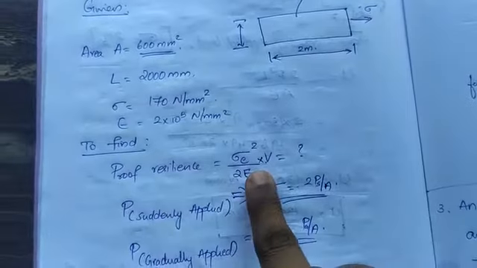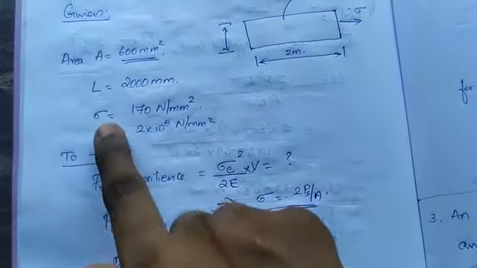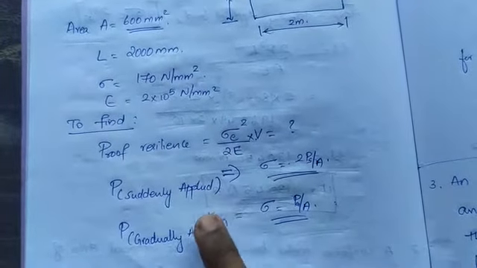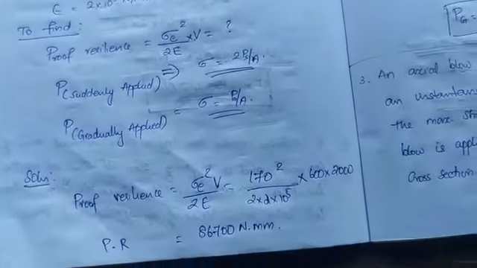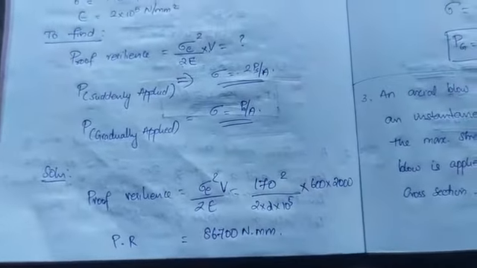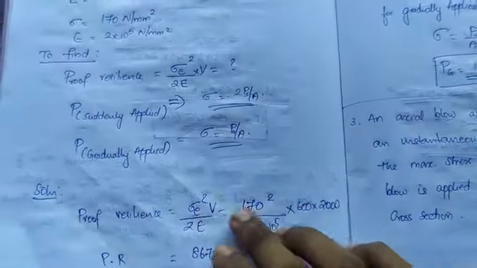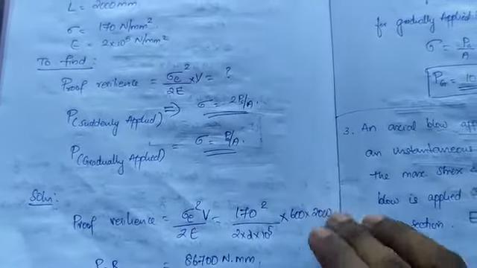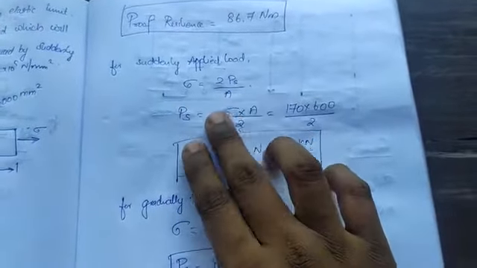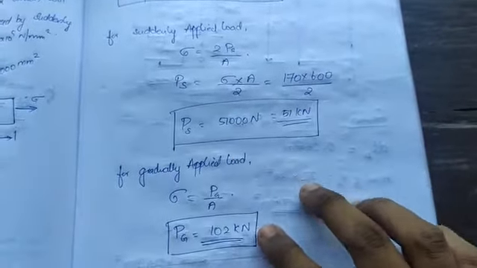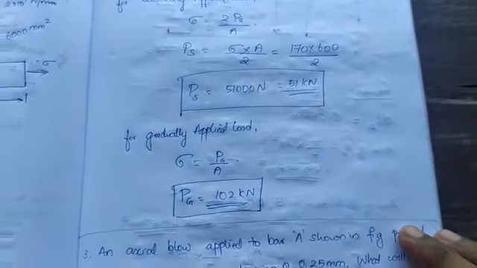We need to find out the proof resilience, the load when suddenly applied and the load when gradually applied. I just need to substitute all these things. V is area into length, and the rest of the terms are given.